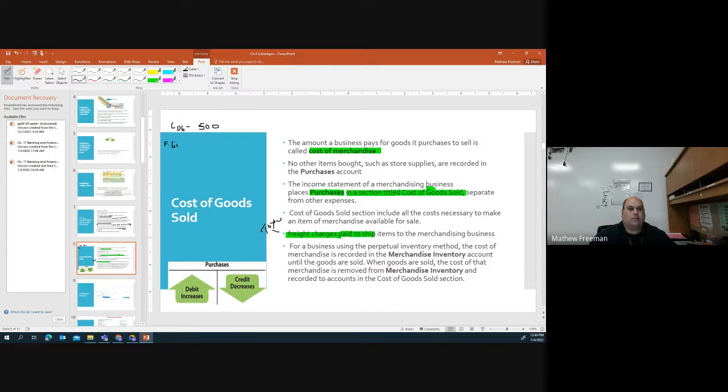Cost of good, oh well. And say they charge us $100. Okay, so we have a total cost of good, which is going to be $600.